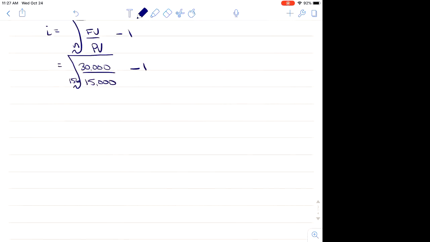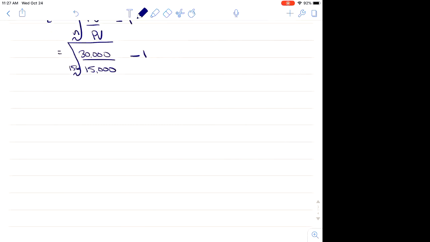How are we going to do this? Well, we can simplify 30,000 over 15,000, so this becomes the 156th root of 2 minus 1. How are you going to do the 156th root on your calculator?